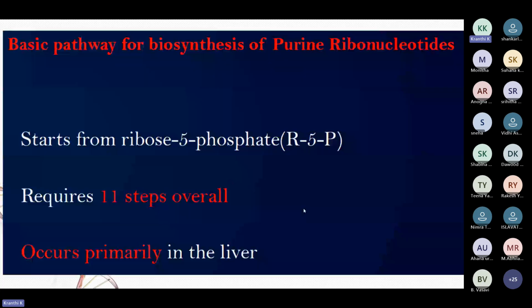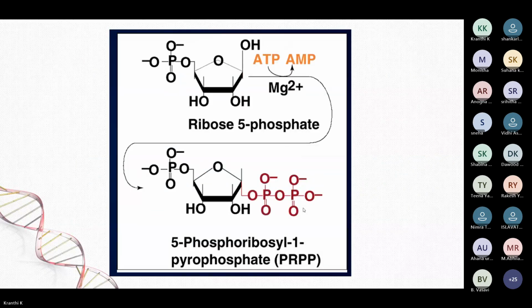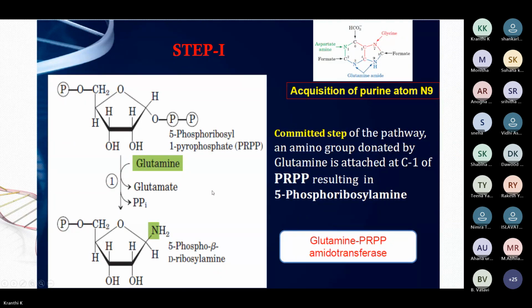The amino group is attached at C1 of the PRPP, resulting in 5-phosphoribosylamine.